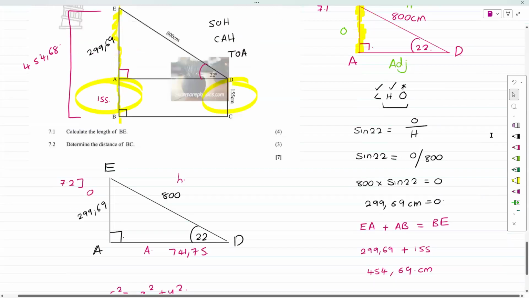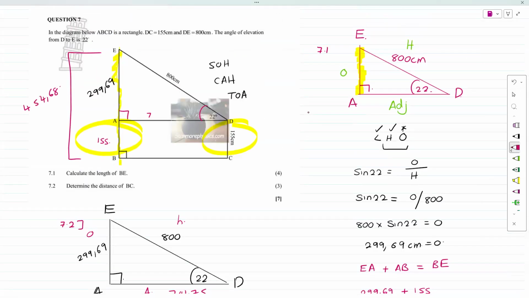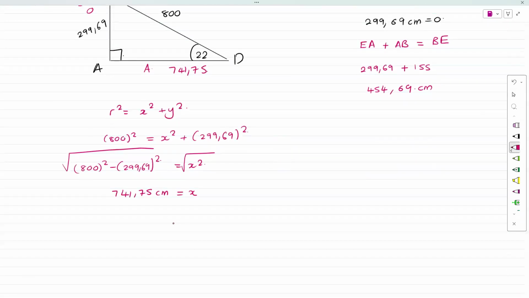Now, guys, please understand, if this is 741.75 centimeters, therefore, this and this should be equal, 741.75, because it's a rectangle. But please don't forget to answer the question. You'll say BC equals 741.75 centimeters. And that's the end of this question.